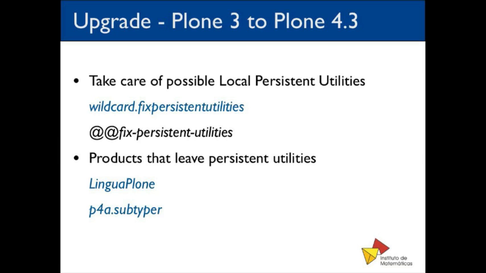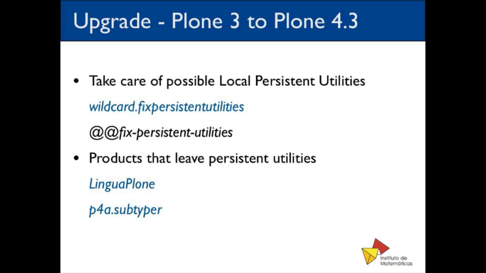So, well, the products we have been using that caused these things were LinguaPlone and the Plone for Artists subtyper product. They leave some persistent utilities there. Well, it looks like it was a very common problem.